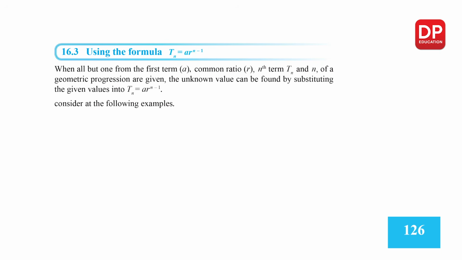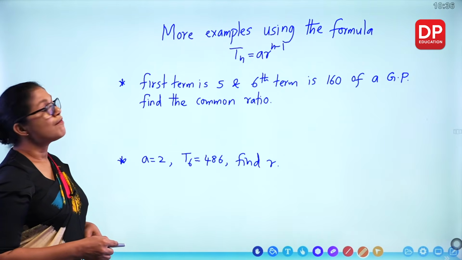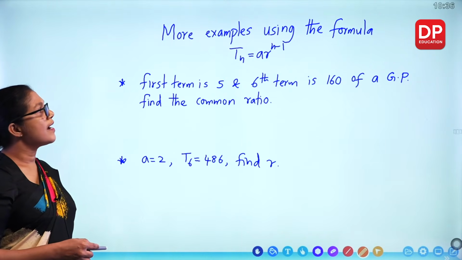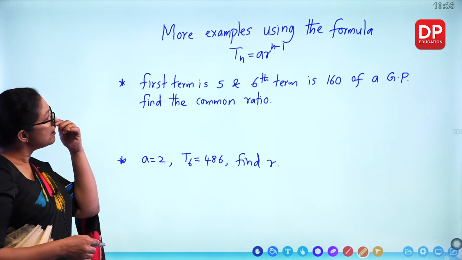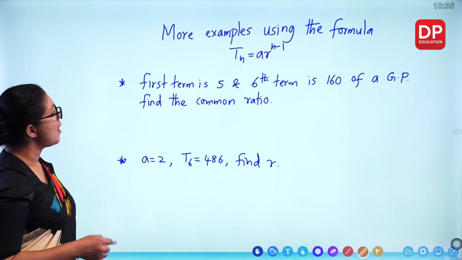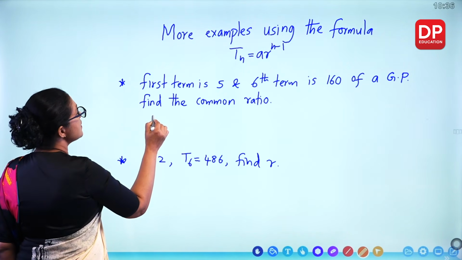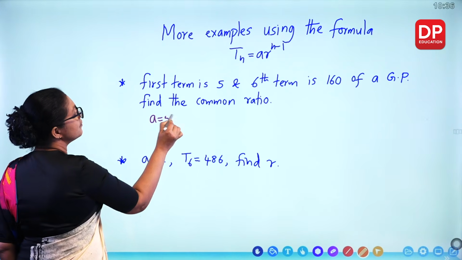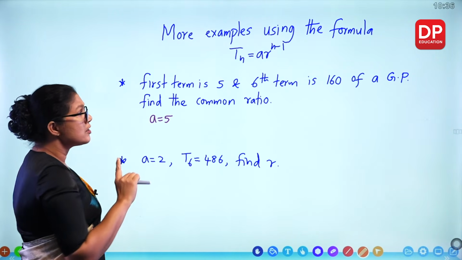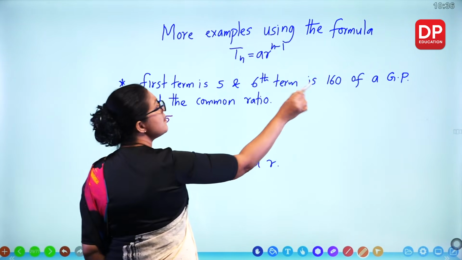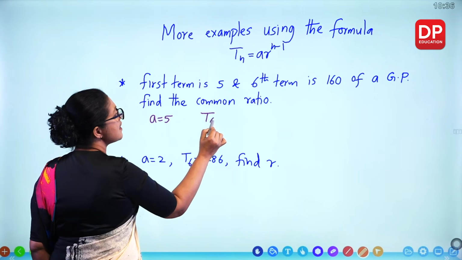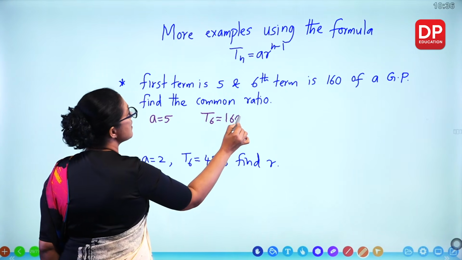Now we'll look at more examples using the formula Tn equals ar to the power n minus 1. Look at this question. You are given the first term as 5, and the sixth term, T6, is given as 160.